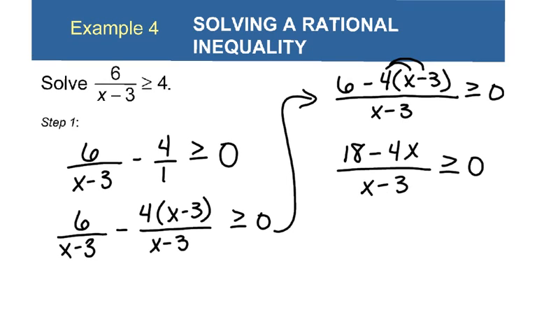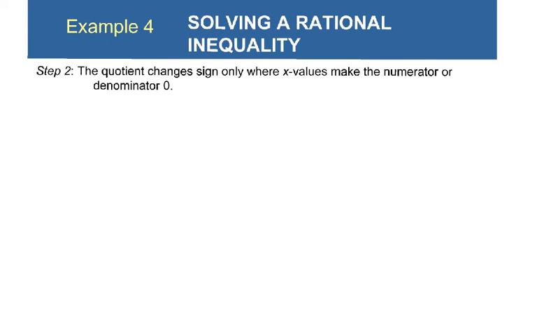It eliminates those cases that we were talking about before. Okay, I'm going to rewrite that inequality again. What was it? 18 minus 4x over x minus 3 is less than or equal to 0.